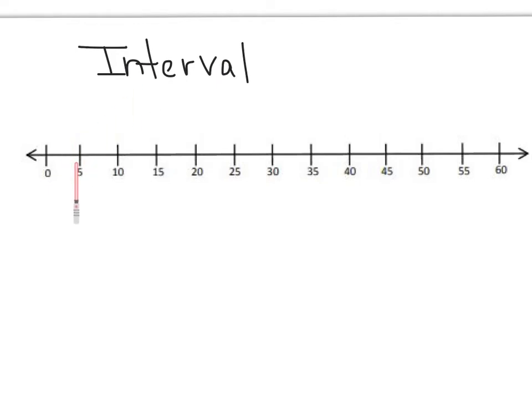We also talked about plotting points on the number line. For example, if I wanted to plot a point at 35, I would plot a point right at 35 and label it whatever letter the directions were telling me to. In this case, I would label this point A for the example.